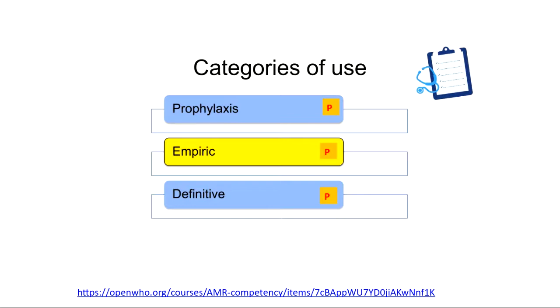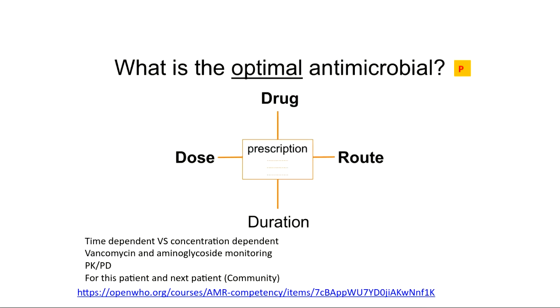So the major problem is when people select empirical treatment. This is what I want to try to tackle in the remaining 10-15 minutes. So what is the optimal antimicrobial? You need to select the right choice of drug with the right dose, the right duration, and the right route. You need to think about time-dependent and concentration-dependent killing.